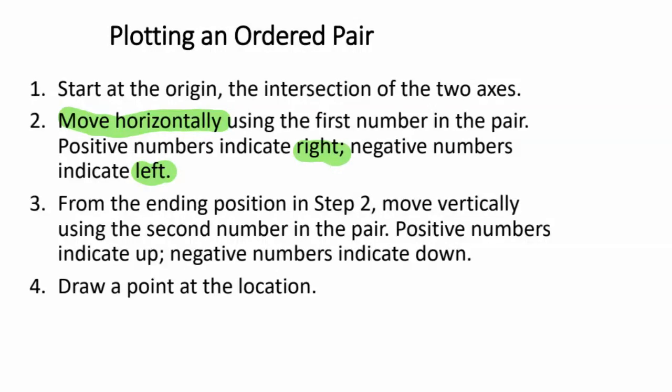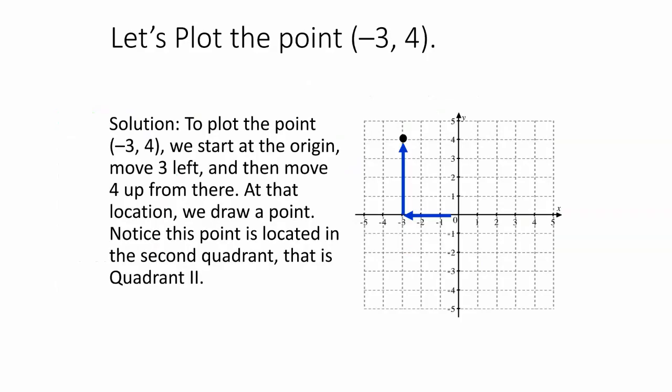Now, once we've made that movement of right to left, from where we stopped horizontally, the second number is going to be our up-down number. If we have a positive number, we're going to go up. If we have a negative number, we go down. And then we put a little dot at that location, just as this diagram shows you.